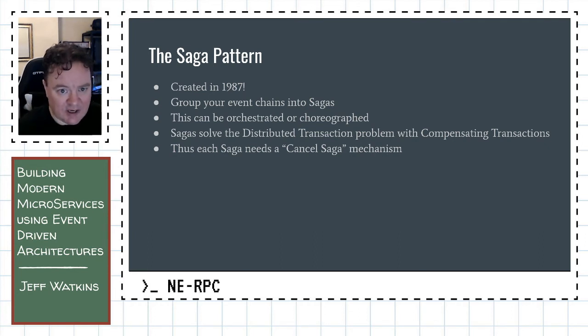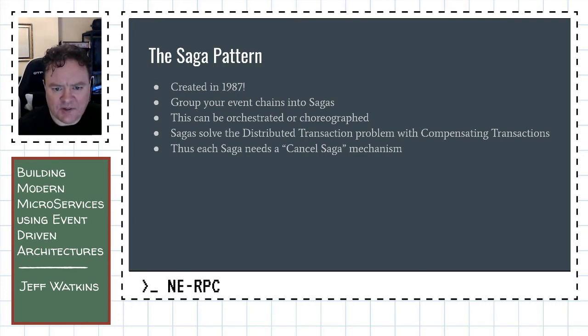So far, it just sounds like orchestration or choreography. The main difference is, though, that you also have what we call a cancel Saga topic. This builds in the idea that you have to be able to back out the entirety of a Saga, hence the name.